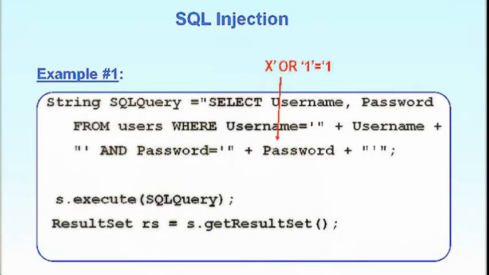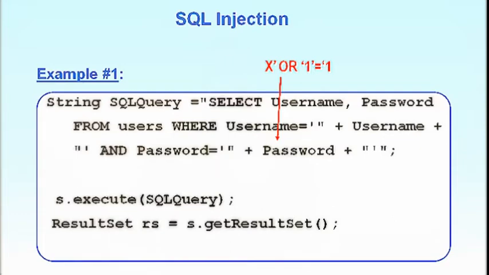Instead of typing in a real password, the attacker here has input x single quote or 1 equals 1. Now, why did the attacker do that? Let's break that down. X single quote takes care of the password string. It closes it off. Now we also have or 1 equals 1.